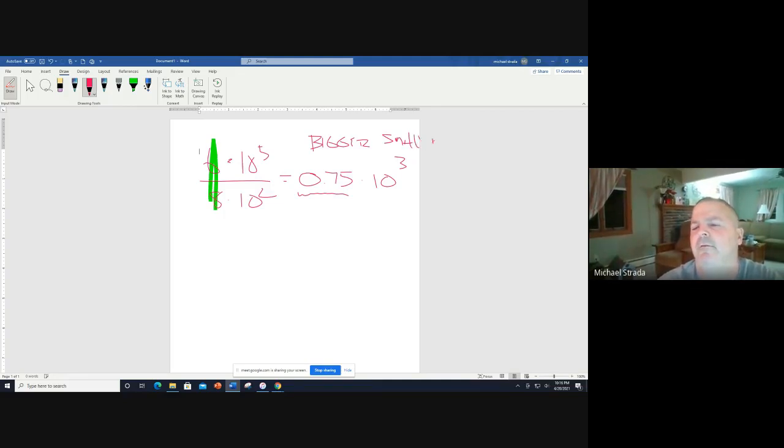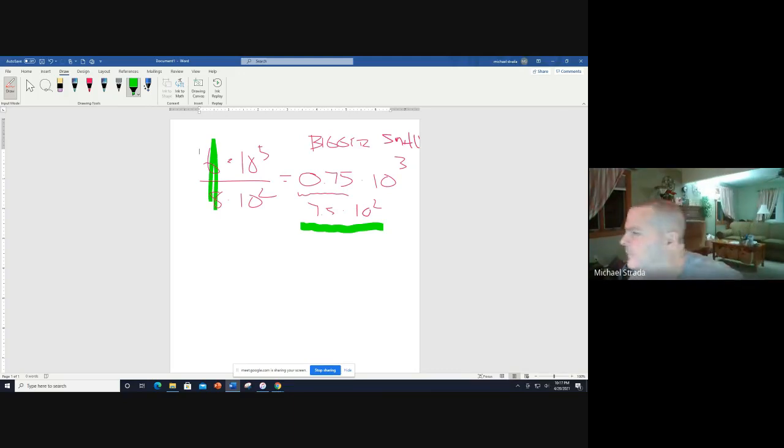So I have to turn 0.75 into 7.5, and I have to make that exponent smaller for every one I move it over. So my final answer would be 7.5 times 10 to the second. And that's going to happen from time to time with division.